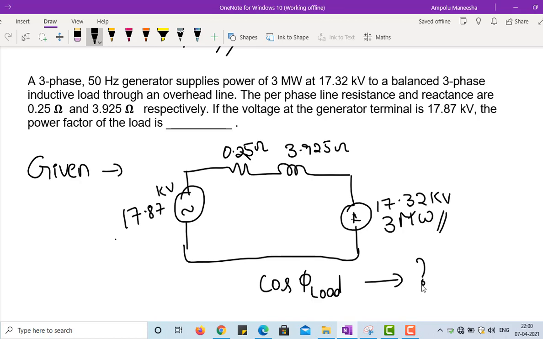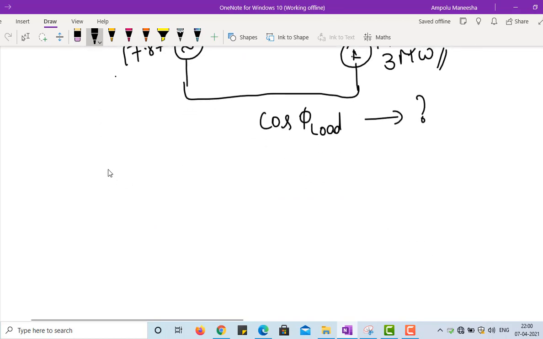So, the power flow through the transmission line expression is written like this.